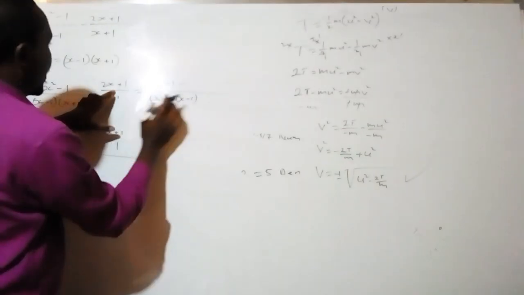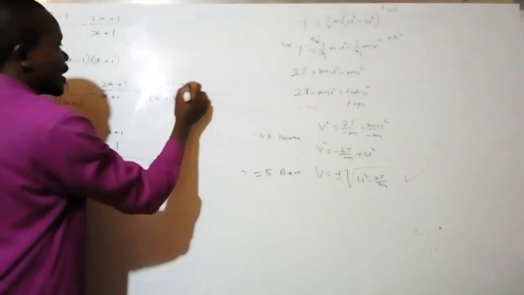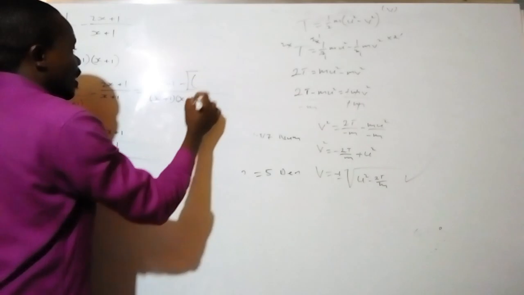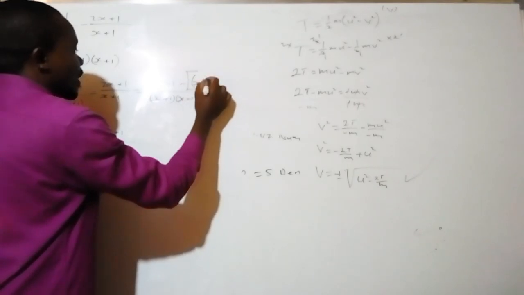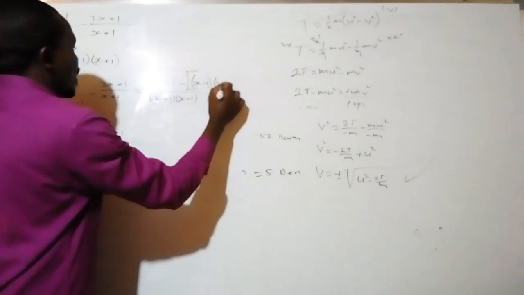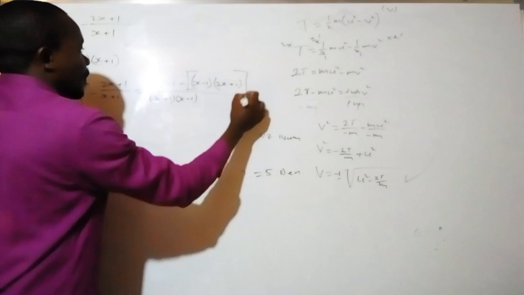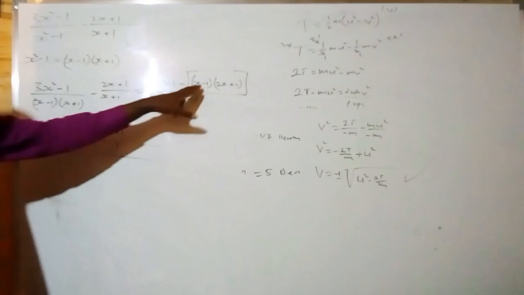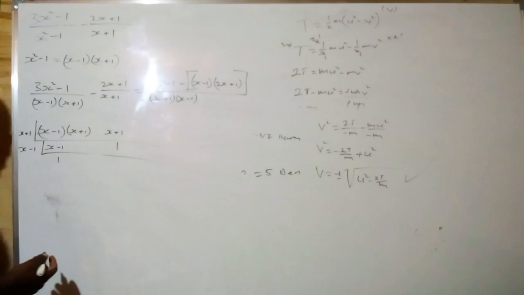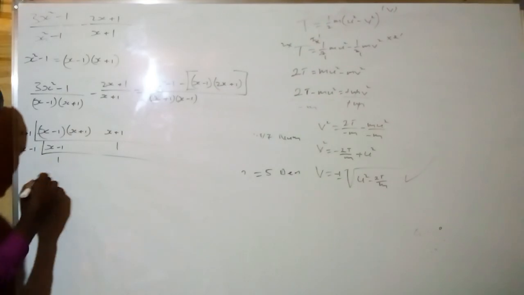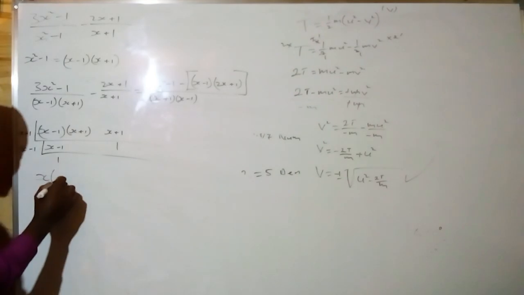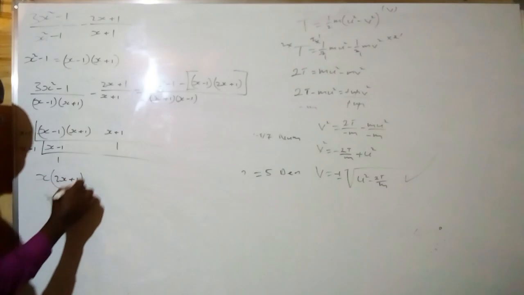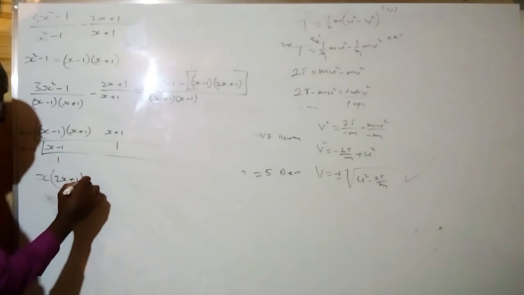You can say we are going to have two brackets, x minus 1, then 2x plus 1. You can expand this separately: x, open the bracket, 2x plus 1, then minus 1, 2x plus 1.